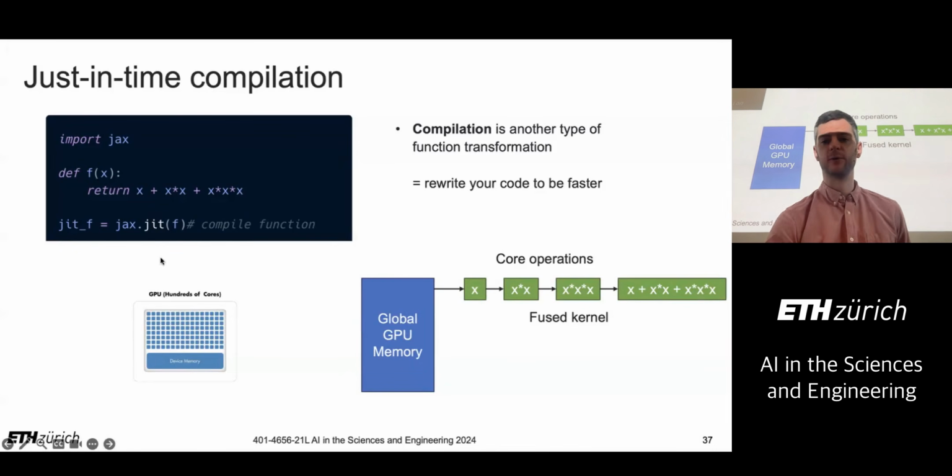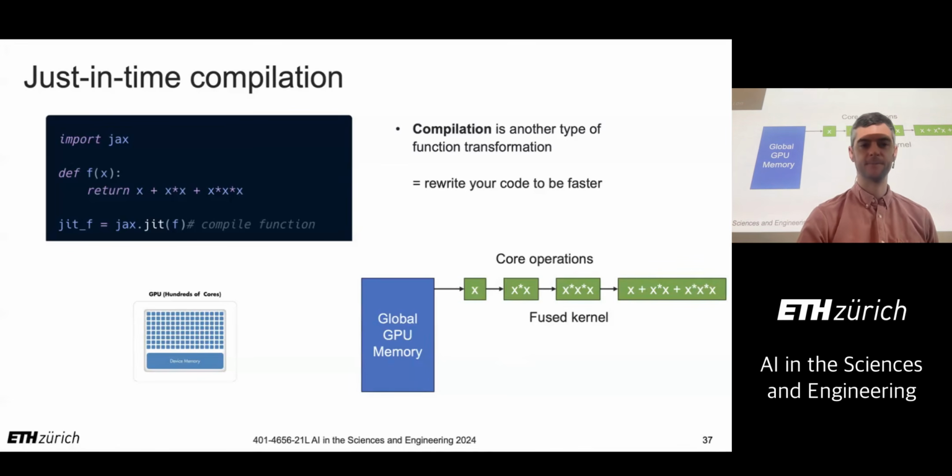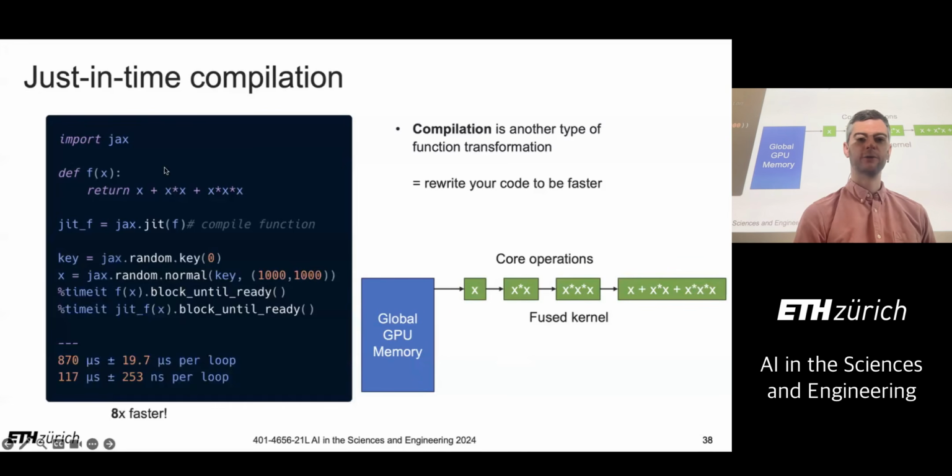This is just one example of how JIT optimizes the code. JIT does many other very sophisticated optimizations with XLA that I'm not going to talk about. Long story short, once you've JITted and compiled your code, it often runs much faster.